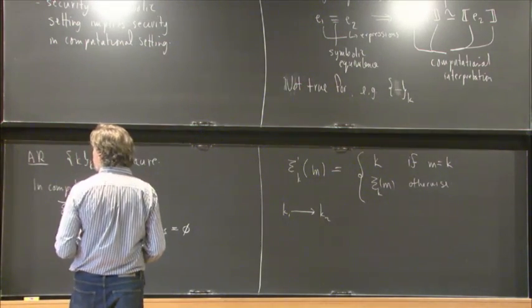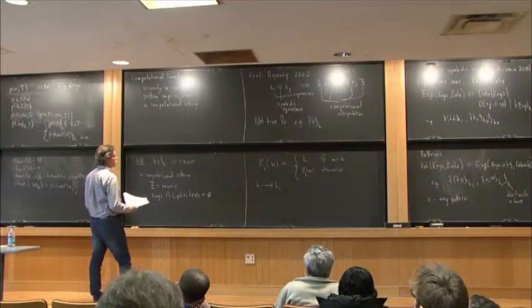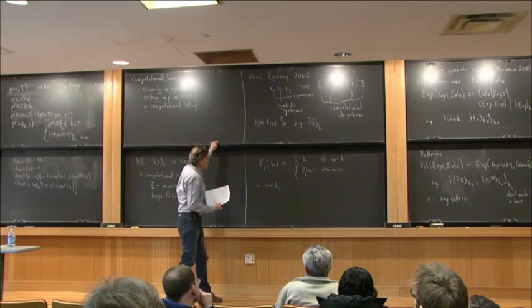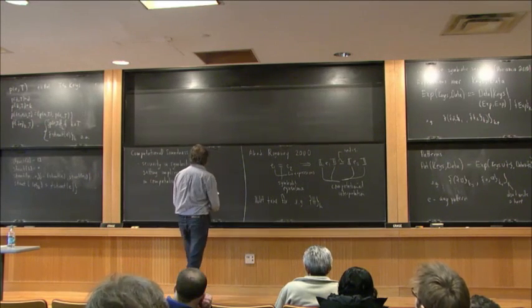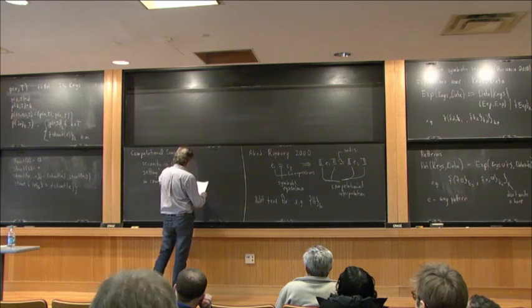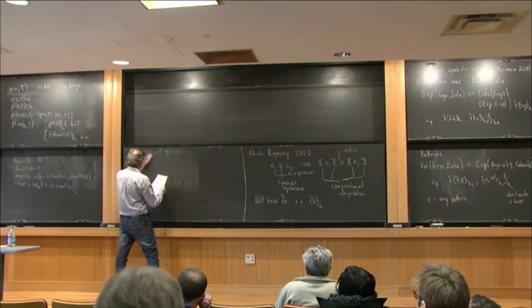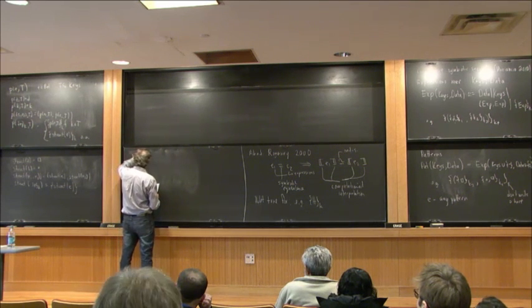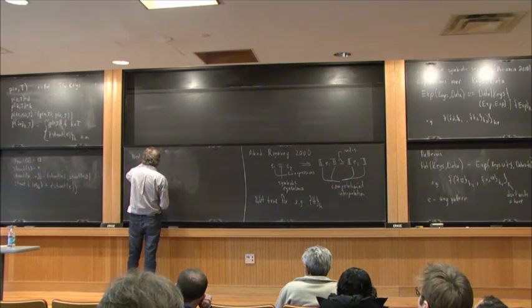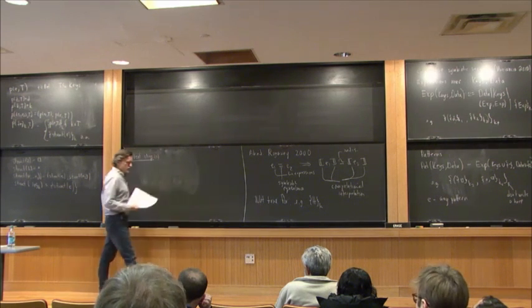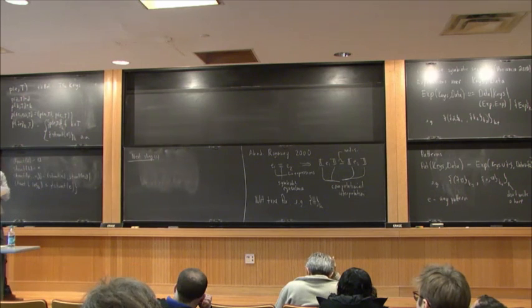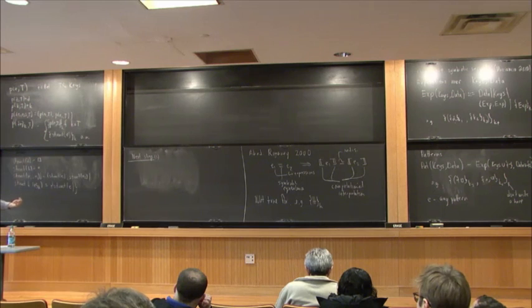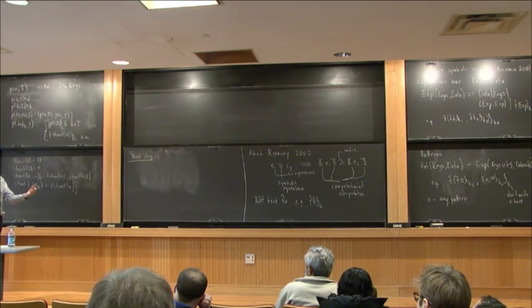So here we've defined the pattern of an expression with respect to a set of keys. Roughly, the first thing we want to do is to just look at an expression and say, what's the pattern of this expression?